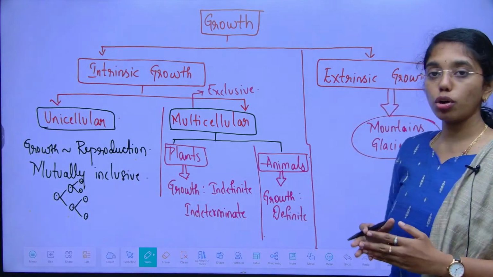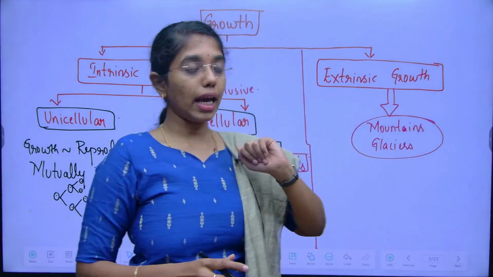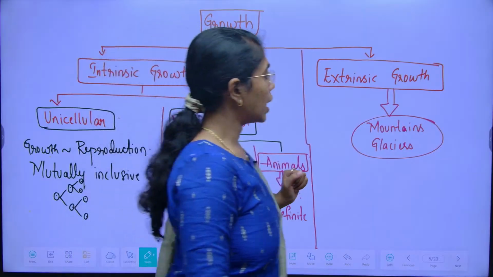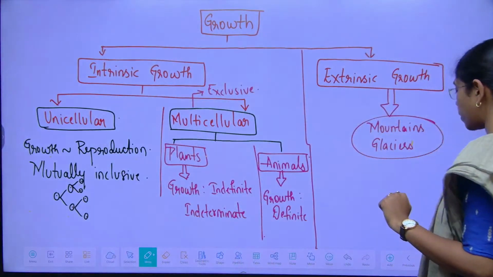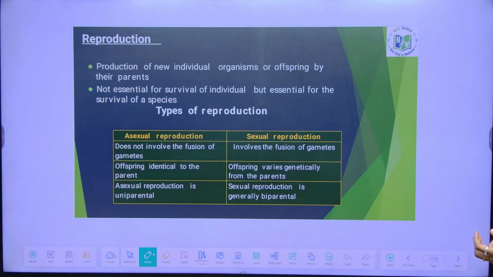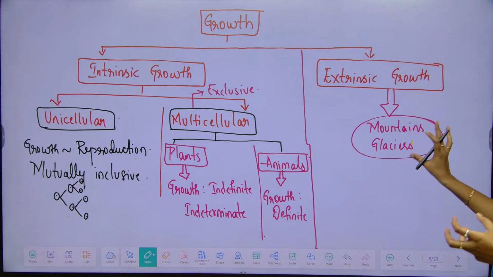In animals, growth is definite or determinate. It is restricted to a certain age period. And extrinsic growth is observed in glaciers and mountains. So this gives you the complete explanation of growth. Okay, remember and fix it in your mind.